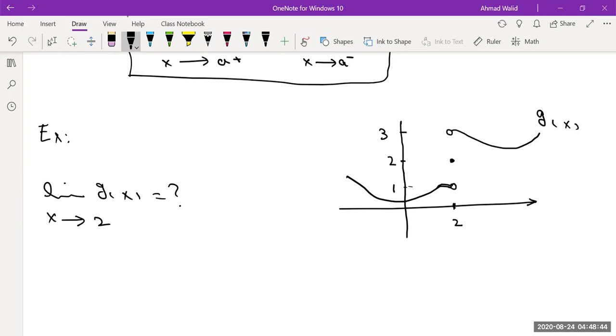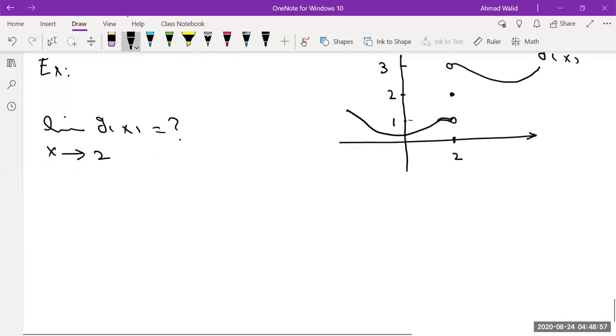To answer, to find this limit, you have to evaluate the left side limit and the right side limit. It means you have to answer first these two questions.